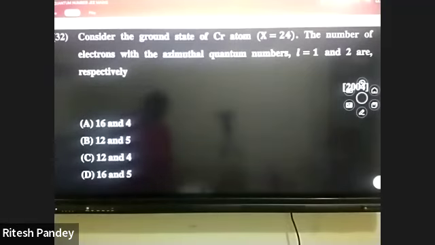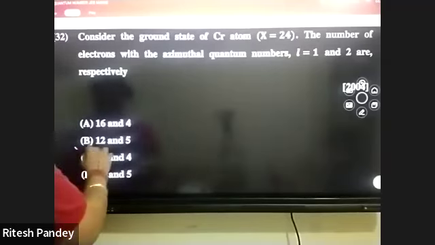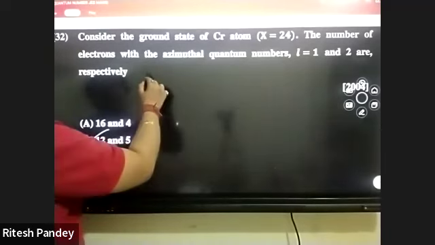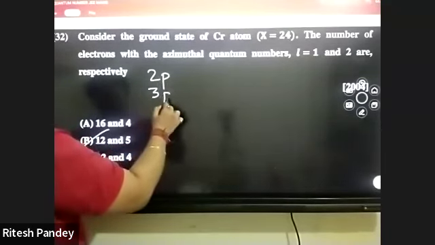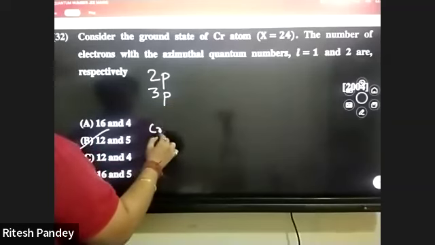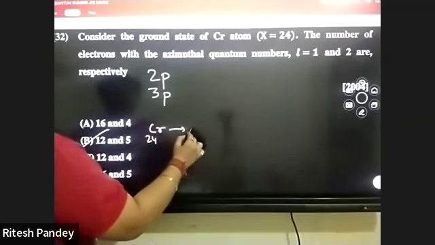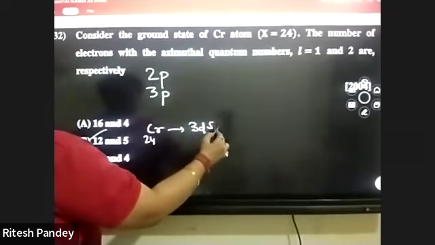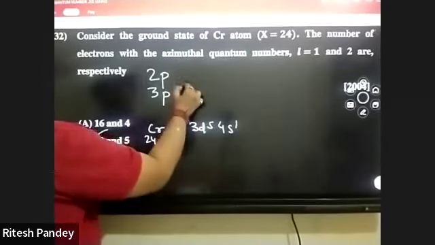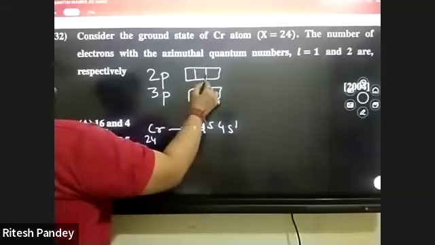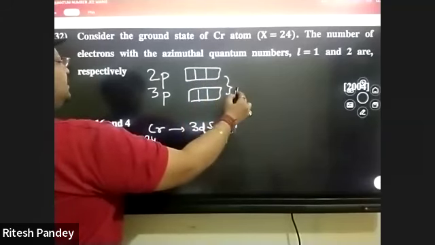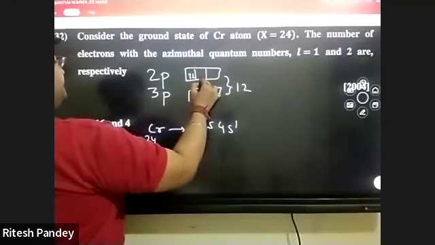B. Chromium. 12 and 5. Chromium 12 and 5. Now L is equal to 1 is naturally for 2p and 3p. The configuration of 24 is eventually going to be 3d5 4s1. अब 2p में 3 ऑर्बिटल, 3p में 3 ऑर्बिटल, यहाँ पर 6 plus 6, total 12 electrons are going to be there.